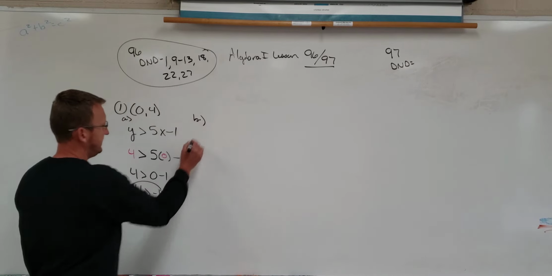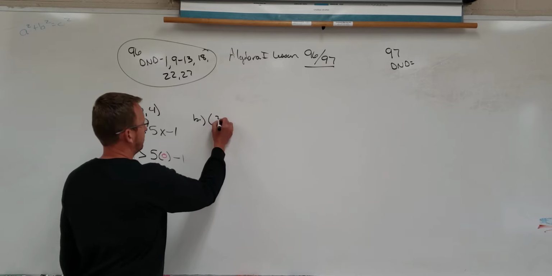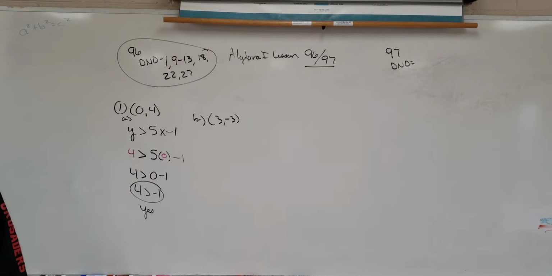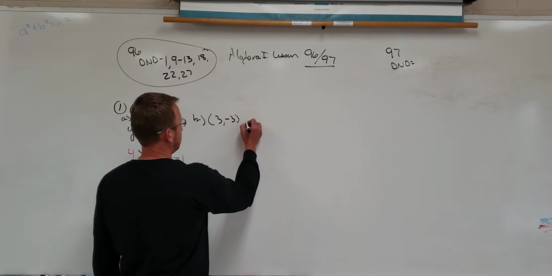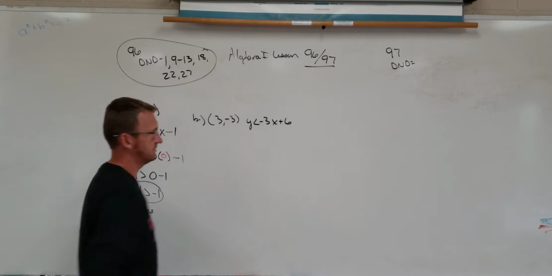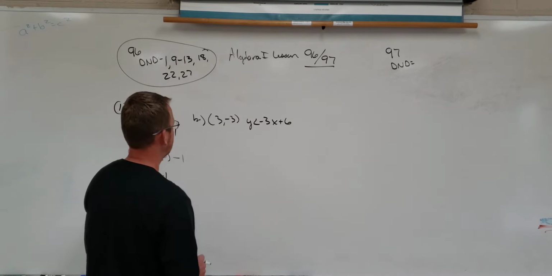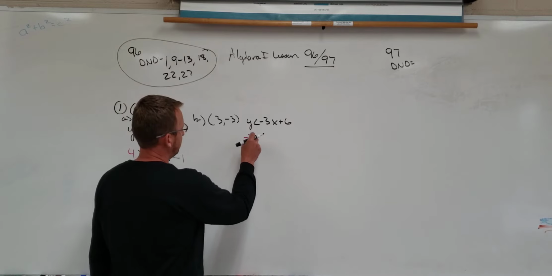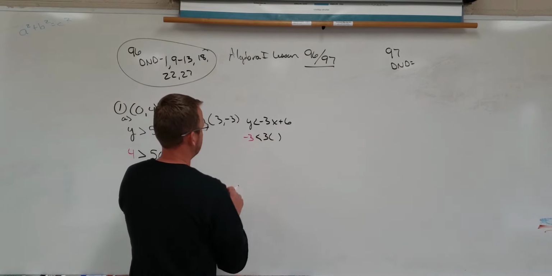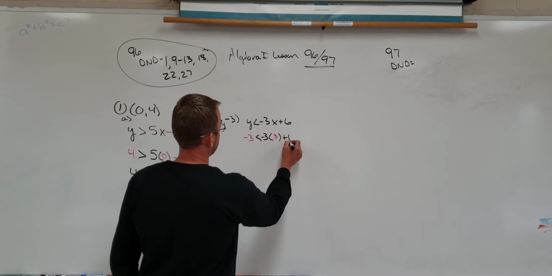So 1B, we have a point of (3, -3). And our equation, y is less than -3x plus 6. It's going to be the same concept. We're going to substitute those in. So y is our -3. X is 3. And then plus 6.